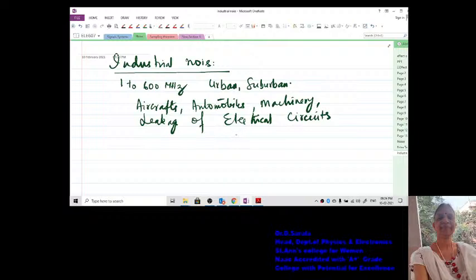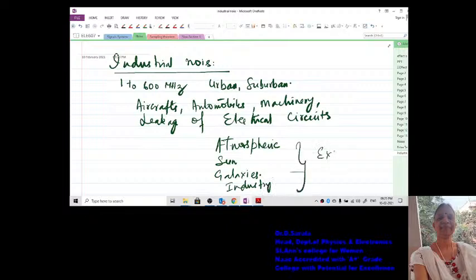So all these, whatever we discussed: atmospheric, the sun, galaxies, industry, all these form what is known as external noise.